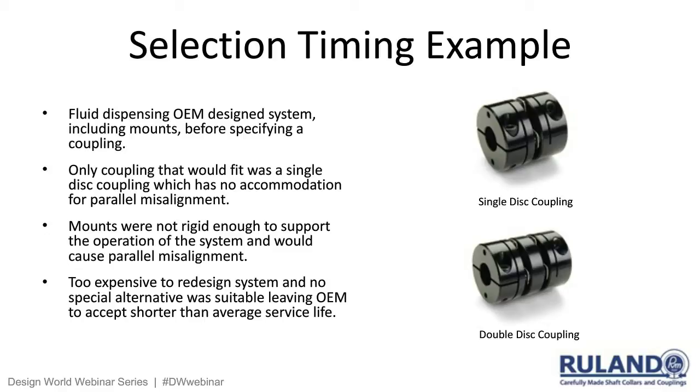And again, if you didn't leave enough room between your shaft ends or enough OD and length space, you might have to settle for a coupling that's not ideal for the application and have to live with the shorter life. And again, no one wants to do that. So again, it shows the importance of selecting the coupling before finalizing your motor bracket and finalizing your distance between shaft ends as part of your design.